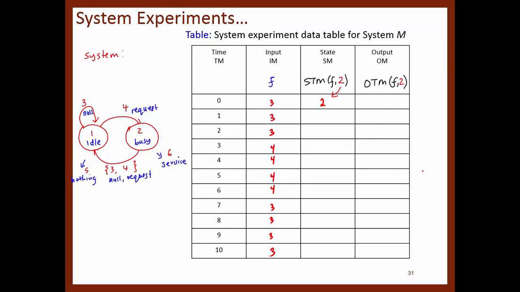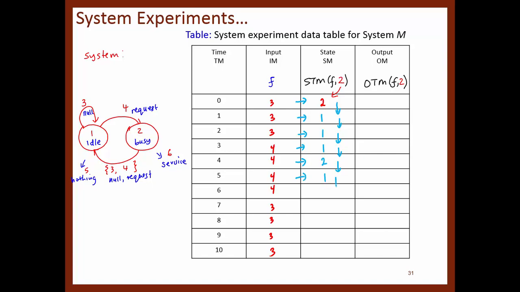Okay, so we are in state 2 and we are receiving this input. That means we are going to go to state 1. We are in 1, so we stay in 1. We are in 1 and we stay in 1. Now we receive 4, so that means we go to 2. We receive 4, so we go to 1.